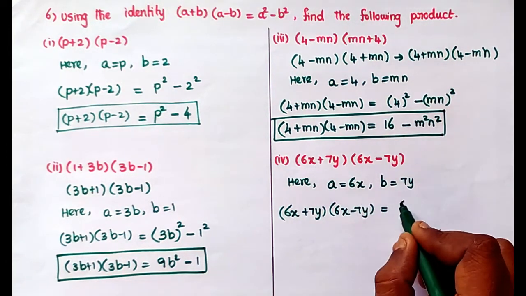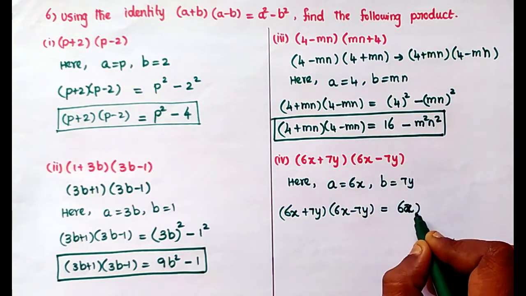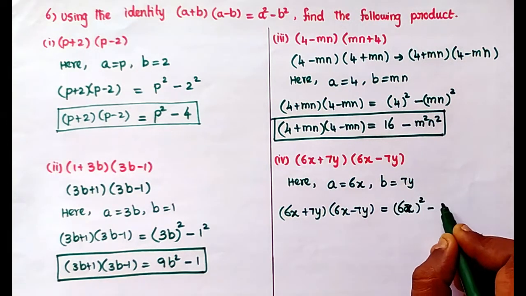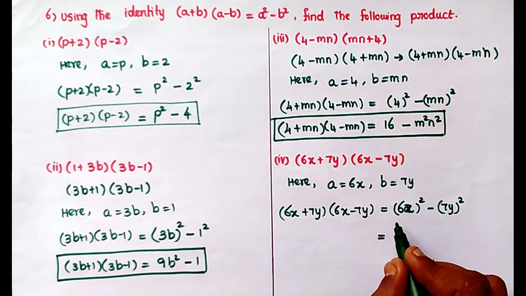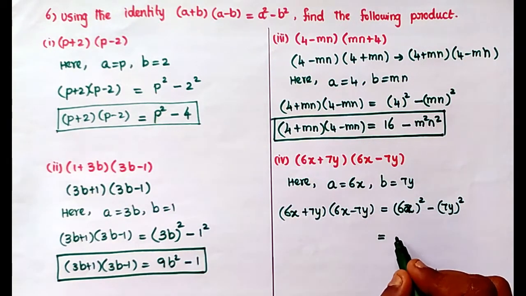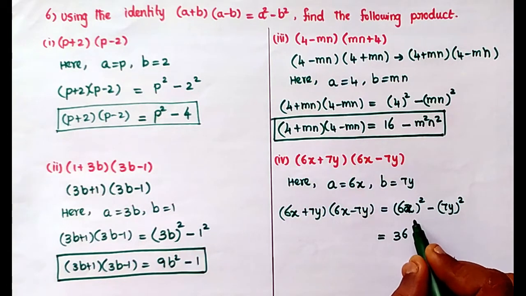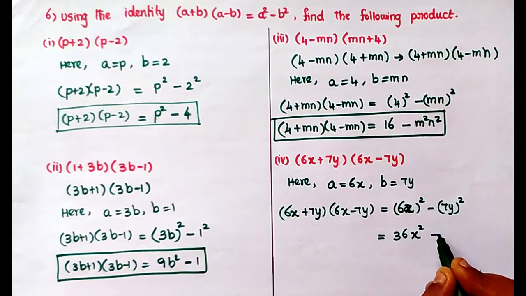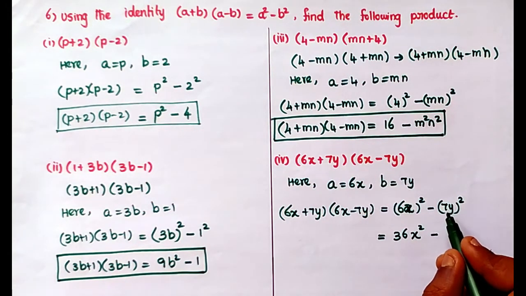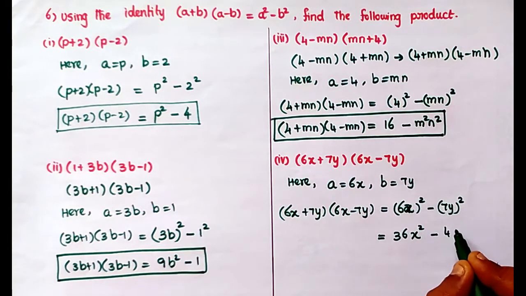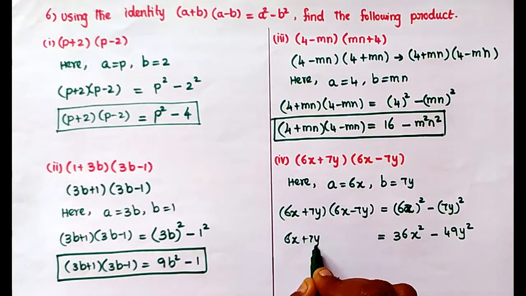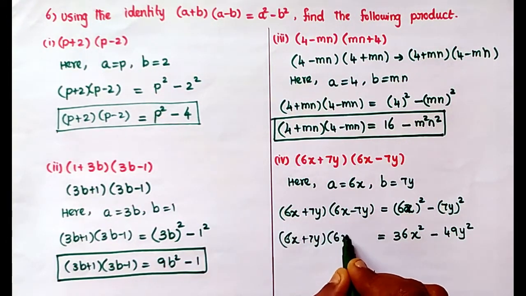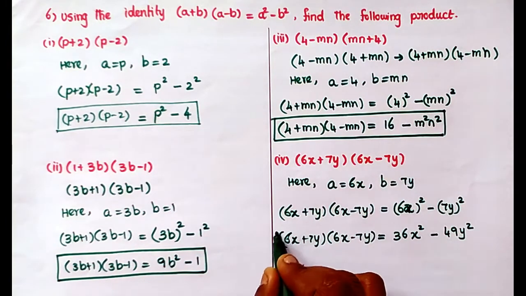That is (6x) whole squared minus (7y) whole squared. (6x) whole squared means 6 into 6, 36 x squared, minus (7y) whole squared, that is 7 squared, 49 y squared. That is the answer for (6x plus 7y) into (6x minus 7y).